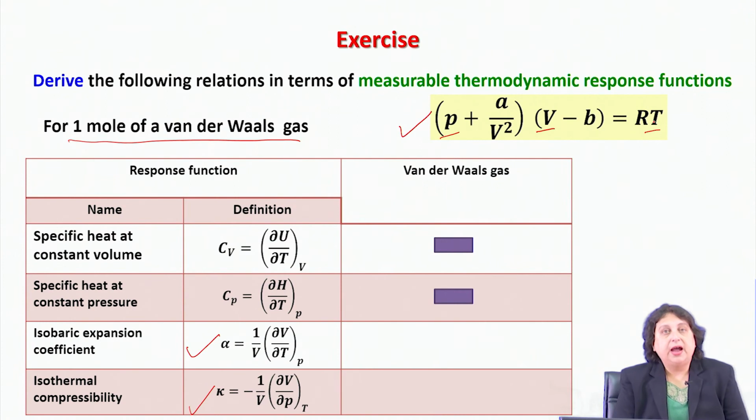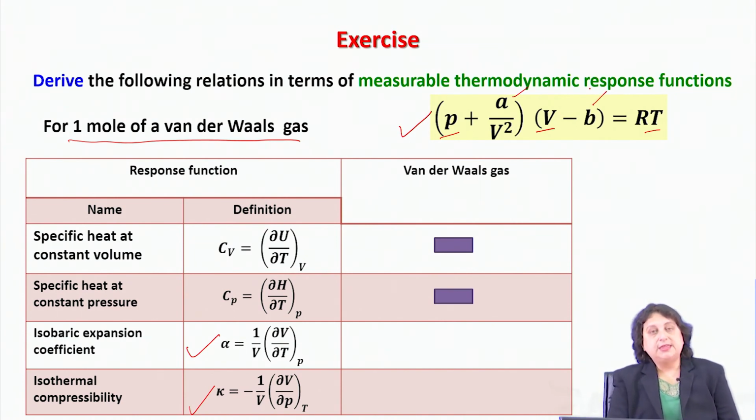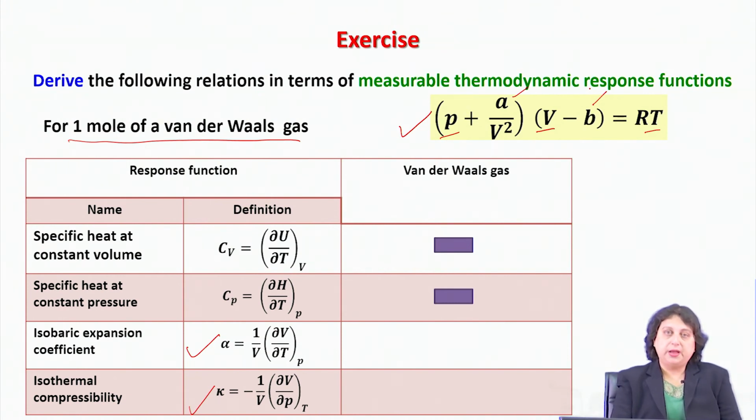Now, here I have two characteristic constants, A and B. These are the two constants that can be determined in the laboratory by subjecting the real gas to changes in pressure, volume and temperature. So, these are characteristic macroscopic constants.